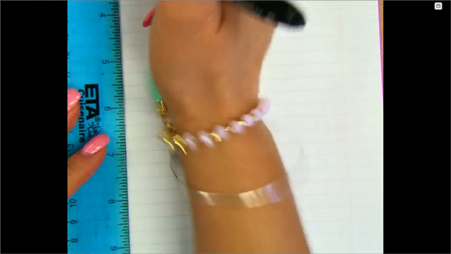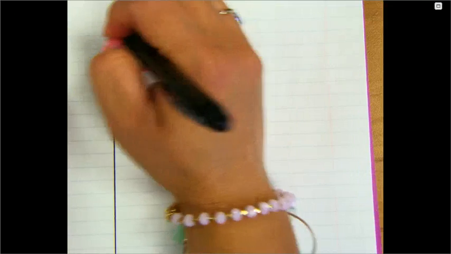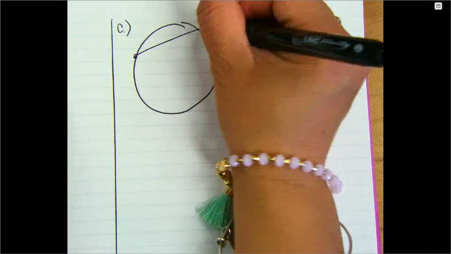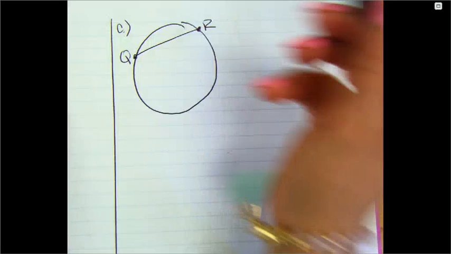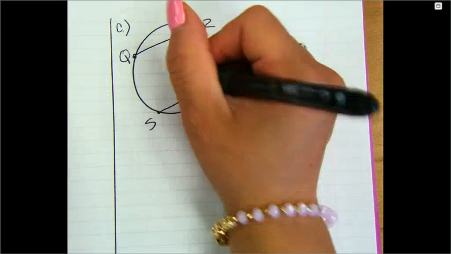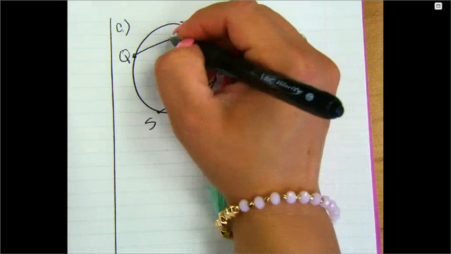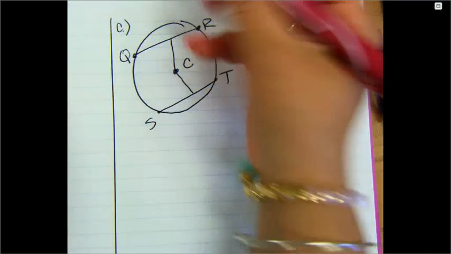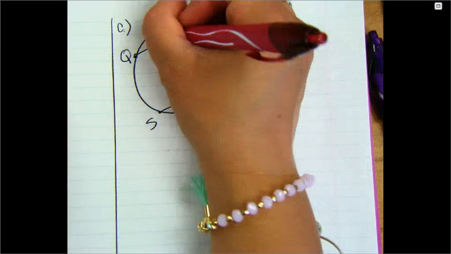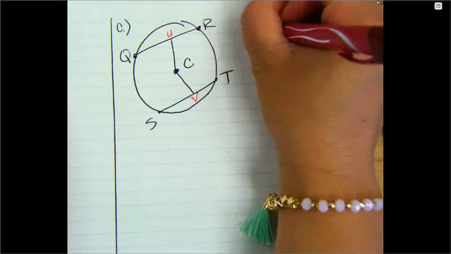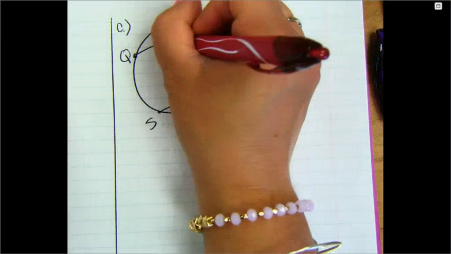We have QR. Shh, we need to stop talking. We have ST. Circle C. This is a U, and that's a V. I'm going to tell you that ST is equal to 32 degrees.